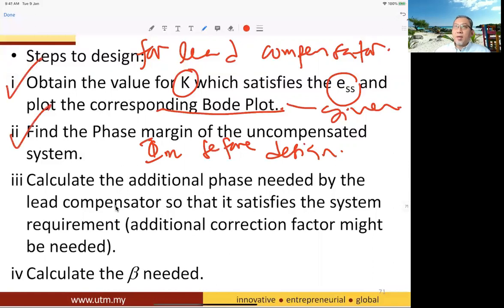Number 3 is to calculate the additional phase needed by the lead compensator so that it satisfies the system requirement, okay. So we might need an additional correction factor, that is plus 10 degrees, okay, correction factor.